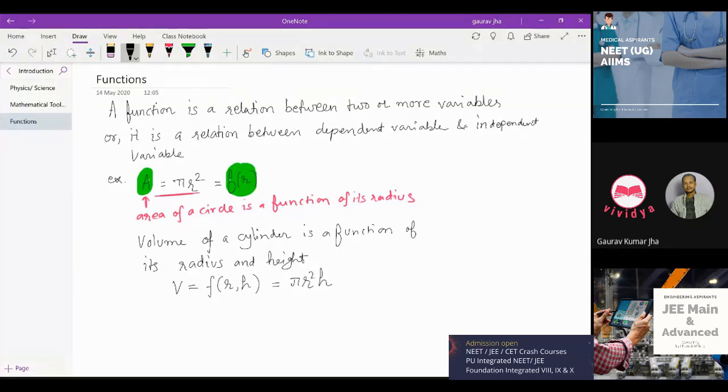Sometimes a particular function is dependent only on one variable. Sometimes the function may be dependent on two variables, and that is okay. It could be two variables, three variables, or n variables, doesn't matter. But the point is, how do we write it? So just focus on this notation.